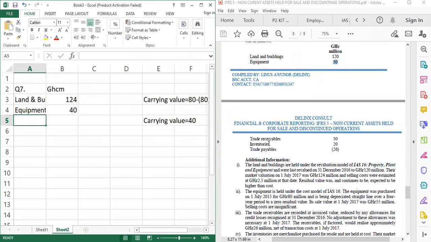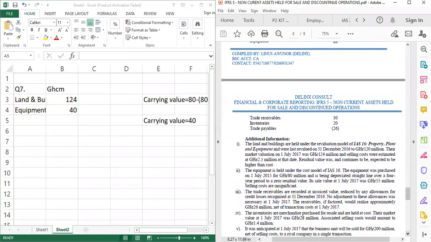Okay. Trade receivables. Trade receivables are recorded at invoice value, reduced by any allowance for credit losses recognized at 31 December 2016. No adjustment to these allowances were necessary at July 2017. The receivables, if factored, will realize approximately 26 million net of transaction costs.